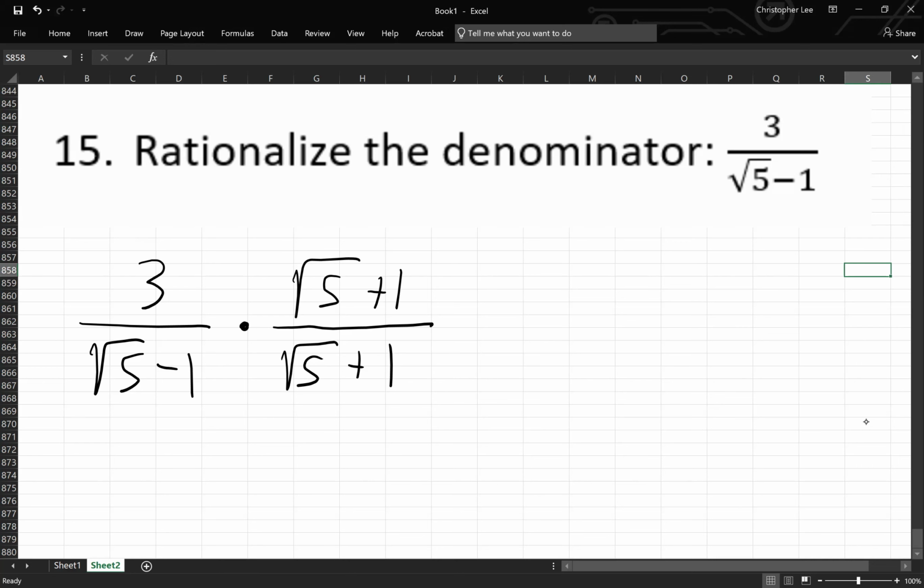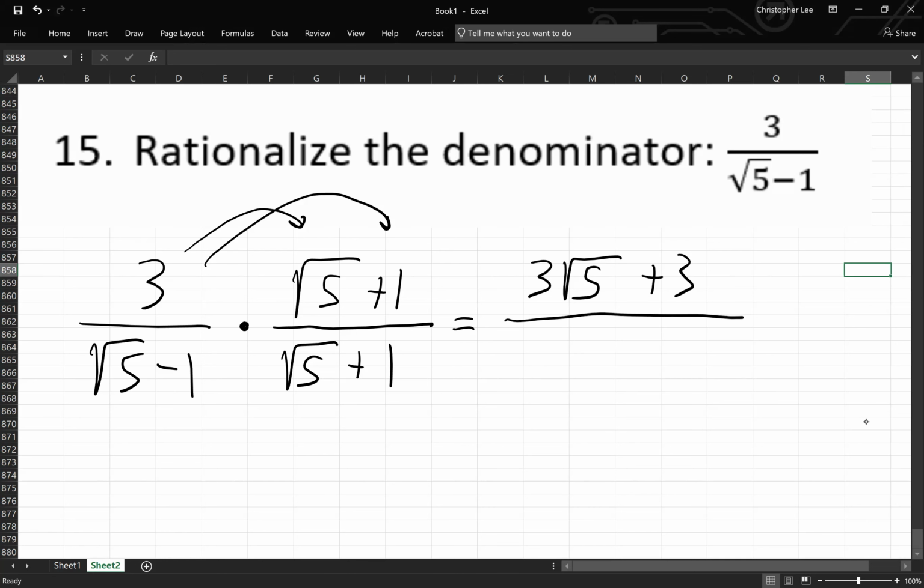After this is straightforward, just distribute, combine like terms, all that good stuff, right? So for the numerator, you already know this is 3 times square root 5 plus 3 times 1, so this is going to be 3 square root 5 plus 3, very simple. On the denominator, however, right? Square root 5 times square root 5, we know square root 25, which is 5.